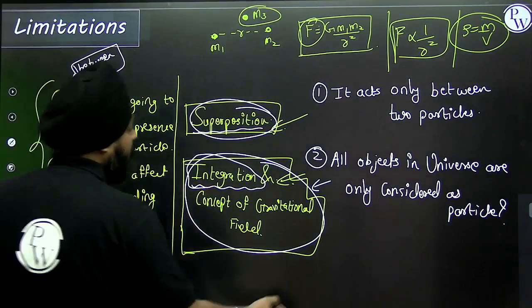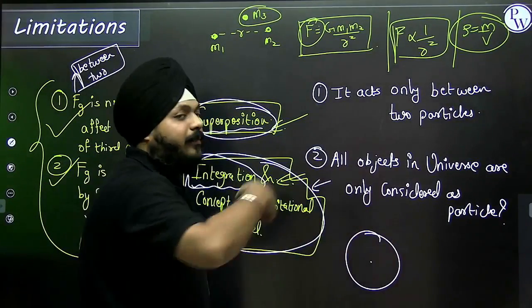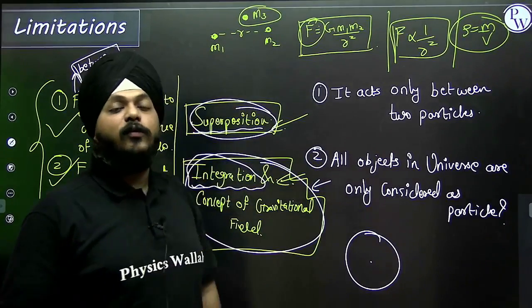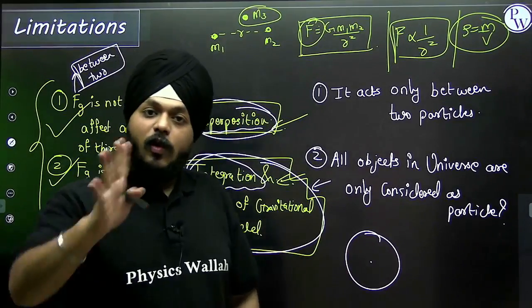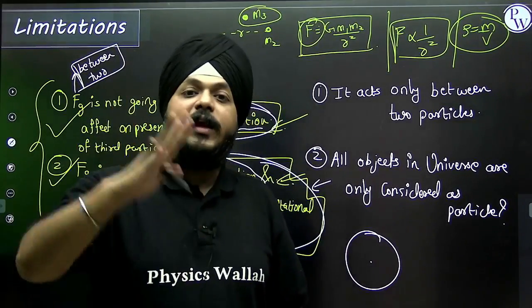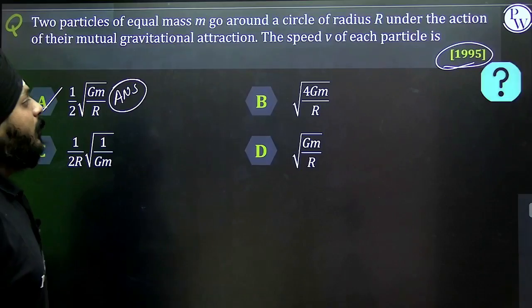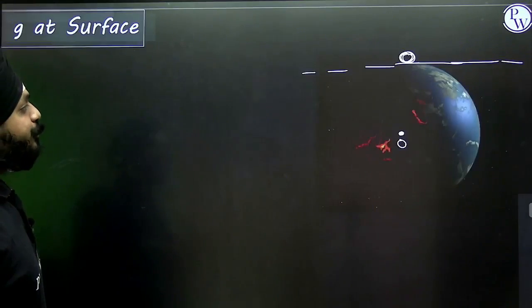This is for spherical objects and the gravitational field near them. Lots of kinds of objects are there, but especially we are dealing with the sphere, because all astronomical objects theoretically we consider as a sphere. So now we are moving to how to calculate the value of G.